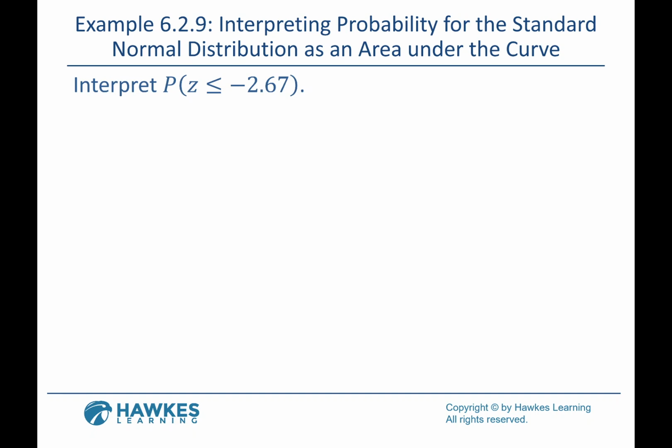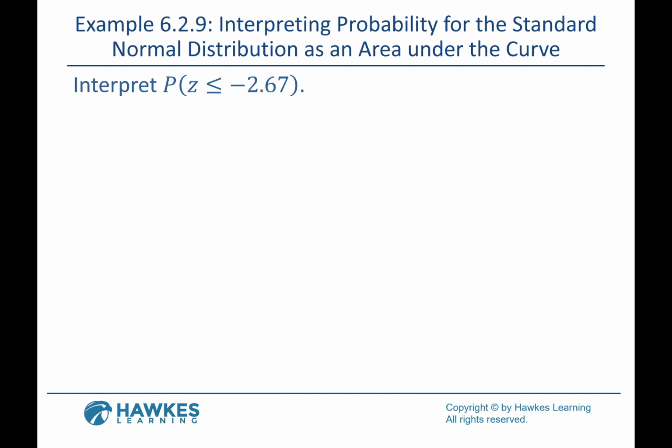In probability notation, this says find the probability of having a standard normal random variable, because it's a z, less than or equal to negative 2.67. Okay, so that's a mouthful.